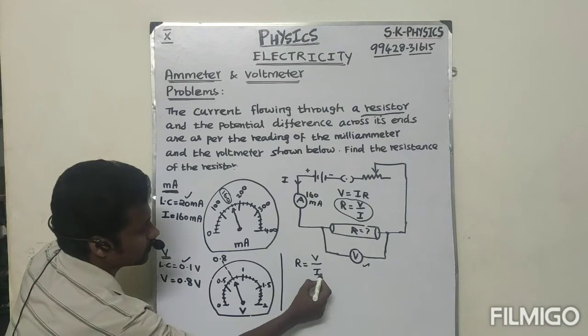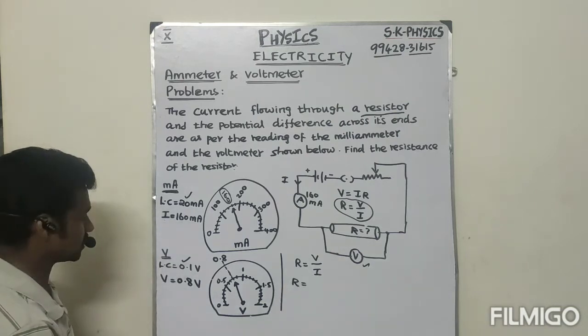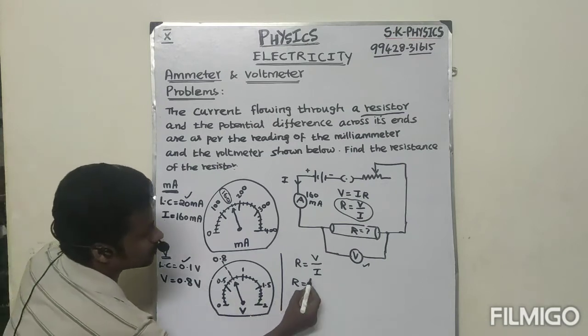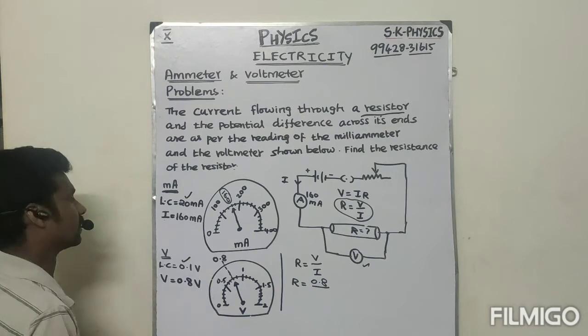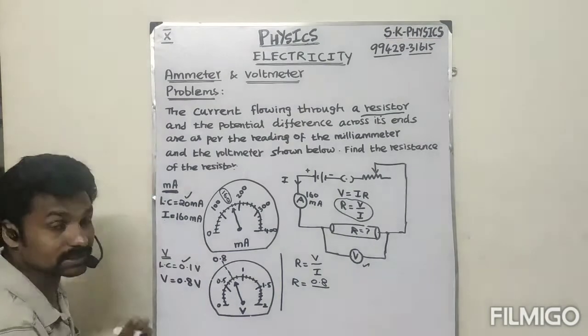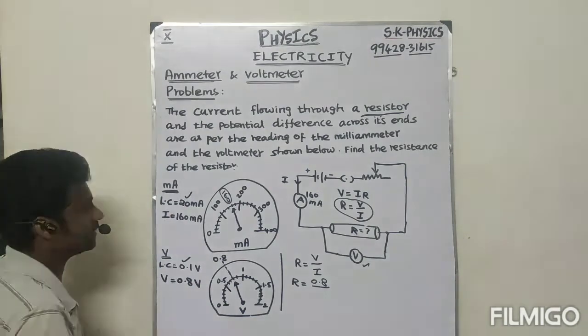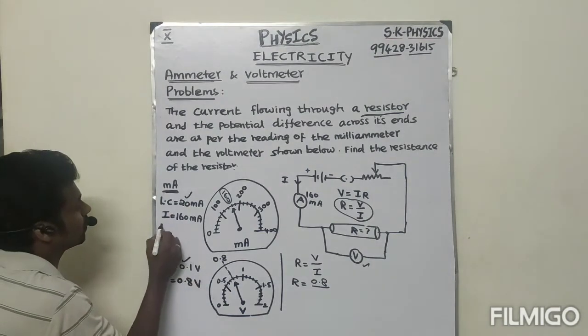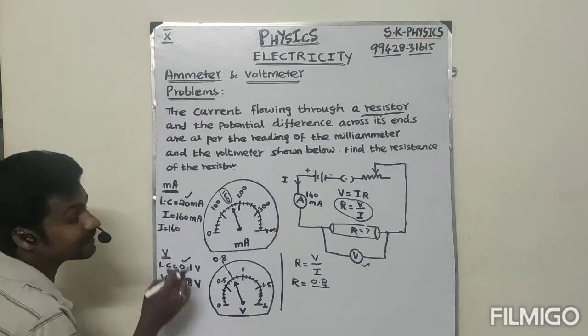The voltage is 0.8 volt, divided by the current value, 160 milliampere.